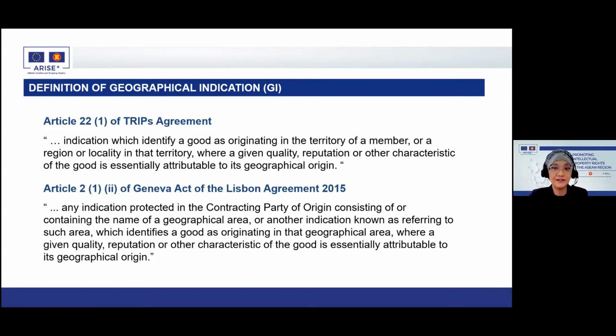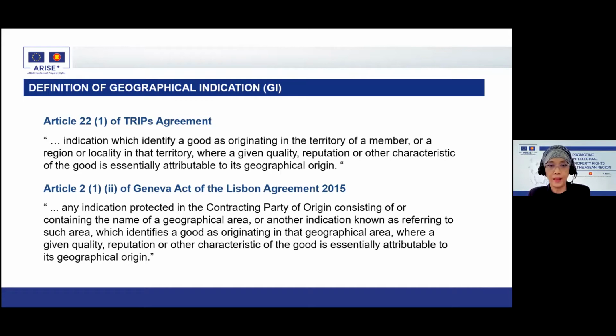Because firstly, the Lisbon system did not regulate geographical indication. Historically, the Lisbon Agreement of 1958 only introduced the matter regarding appellation of origin.